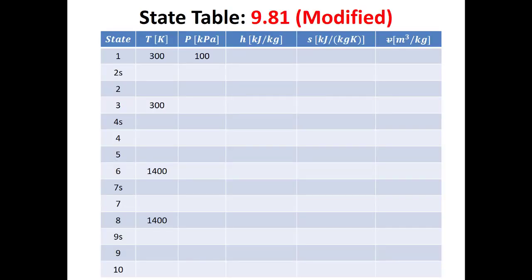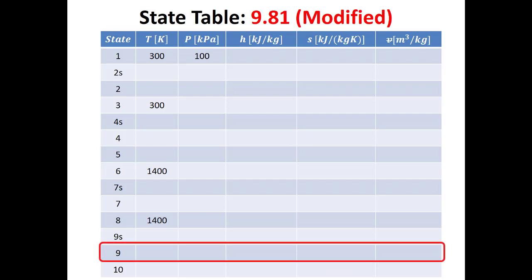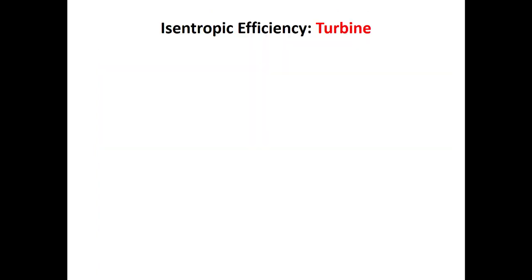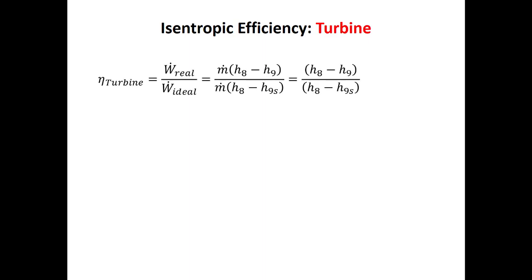I put that into my equation and I get T9S. But what I really want in my equations for thermal efficiency or for backwork ratio or for net power is T9 or H9. So I have to use the isentropic efficiency to find what's going on at the real turbine exit.